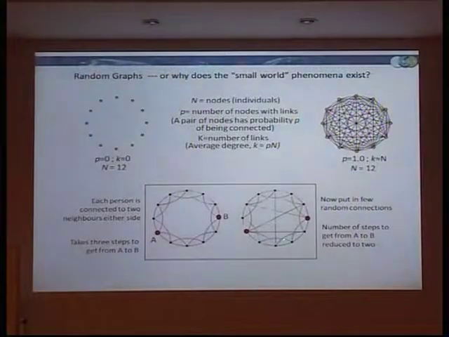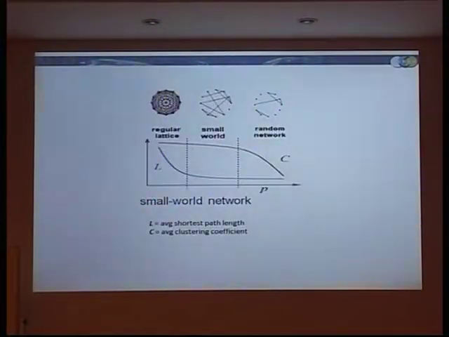So basically, by putting in a few random connections, even though the random connections are not between A and B, we reduce the path length. Okay? So that's sort of the basic principles of network analysis, and Jacopo can explain it a bit further.